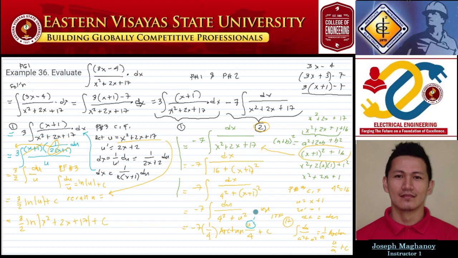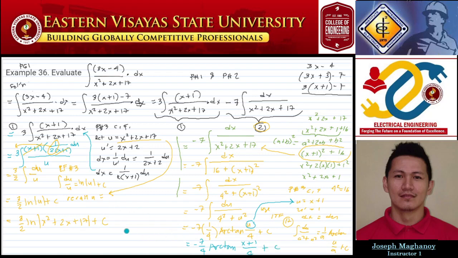We all know that our u is x plus 1. So we rewrite negative 7 over 4 arctan x plus 1 over 4 plus c.